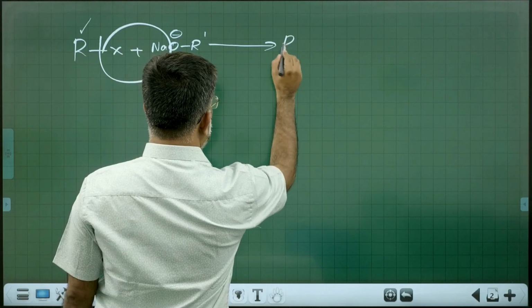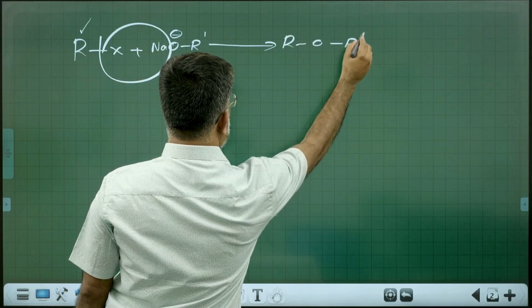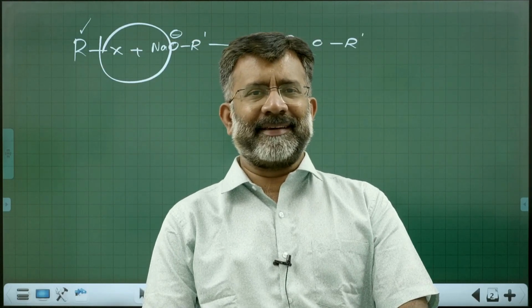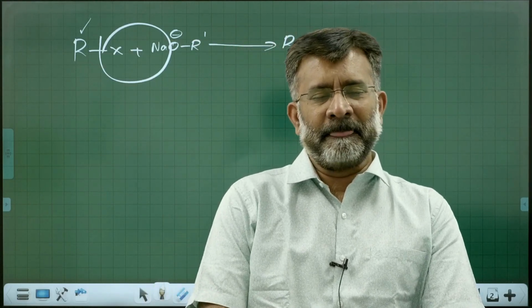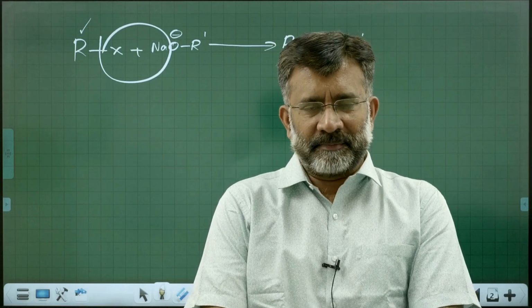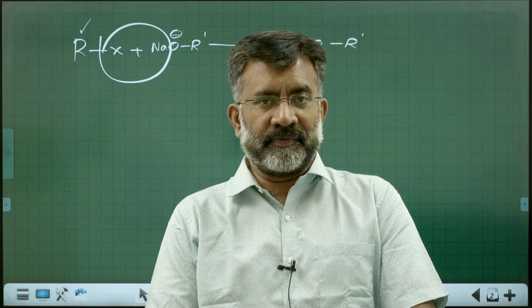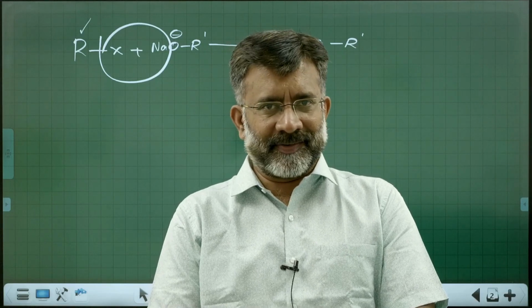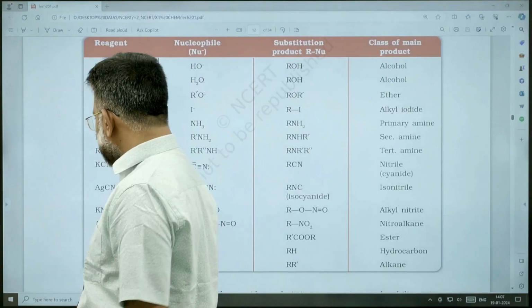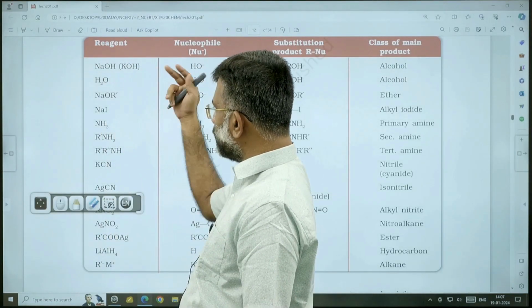You get an ether, RO R dash. What is the popularity? Exactly, Williamson's synthesis. This is Williamson's synthesis, the preparation of ethers from haloalkanes. So that is the third reaction.